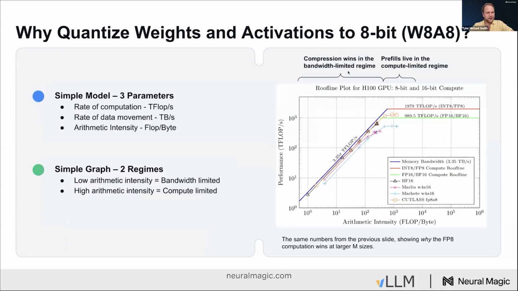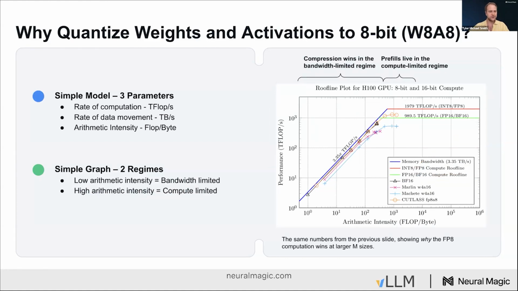Okay, now I want to spend some time justifying the fundamental foundations of performance here. So I want to introduce, if you haven't seen it before, the Roofline model. This is a pretty simple model. It's got 3 parameters. 2 of them are parameters of the machine that you're running on.